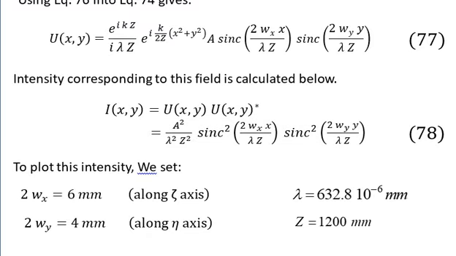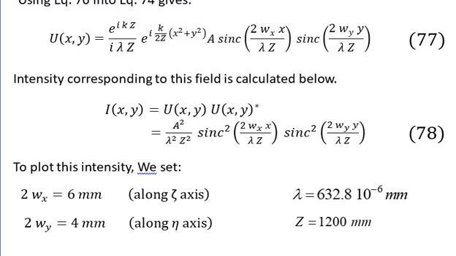To plot this intensity, we set these parameters. 2wx, that is the width of the rectangle along the x direction, is equal to 6 mm, that is along the zeta axis, and 2wy is equal to 4 mm, which is the width of the rectangle along the eta direction. Lambda we are using is 632.8 into 10 to the power minus 6 mm, which is the red wavelength of the helium neon laser, and the distance is capital Z equal to 1200 mm.